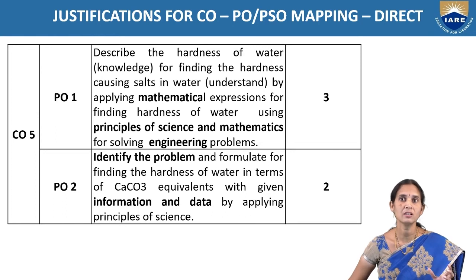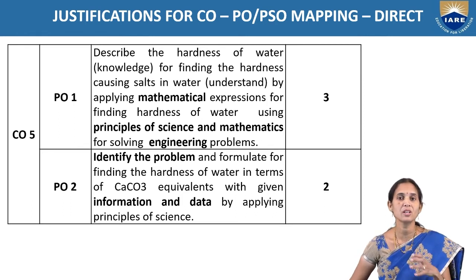So next CO5, PO1, describe the hardness of water. That is, students are learning, they got the knowledge about what is hardness of water, for finding the hardness causing salts in water. So the students will learn what salts are there, what are the different types of salts, temporary salts, permanent salts present in water. They will understand. By applying mathematical expressions for finding hardness of water using principles of science and mathematics for solving engineering problems.